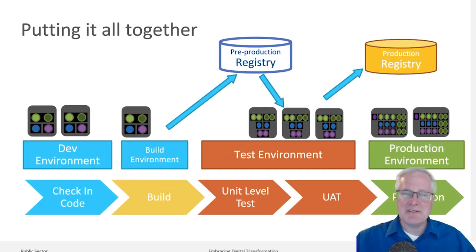Now, if we put all this together, when a developer is developing a new service, they're not just developing the code for the image, they're also saying the environment that this needs to run in. Now, when I say environment here, I should say the configuration that this needs to run in. It needs a data source. It needs these things.